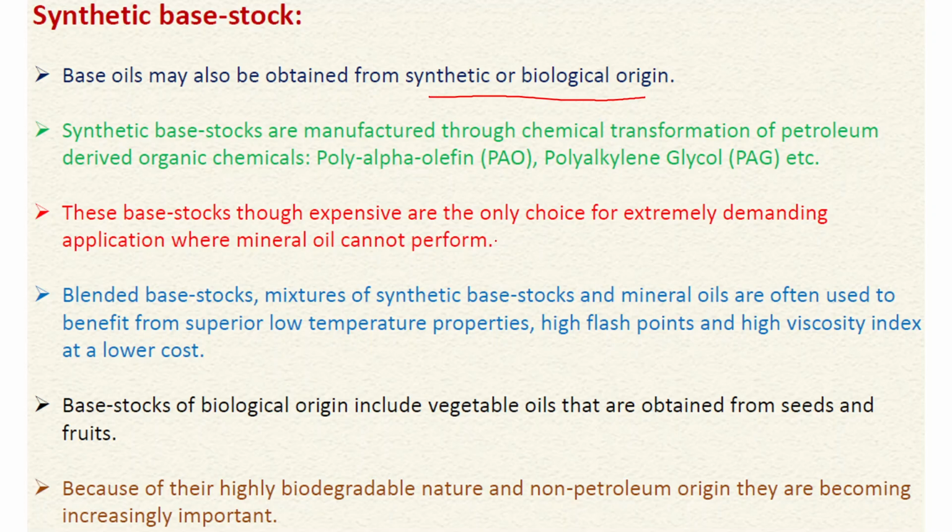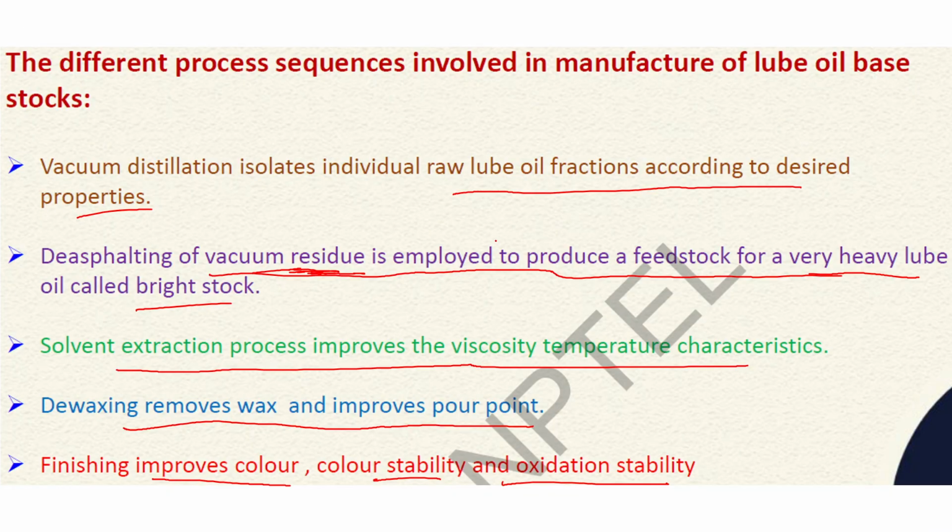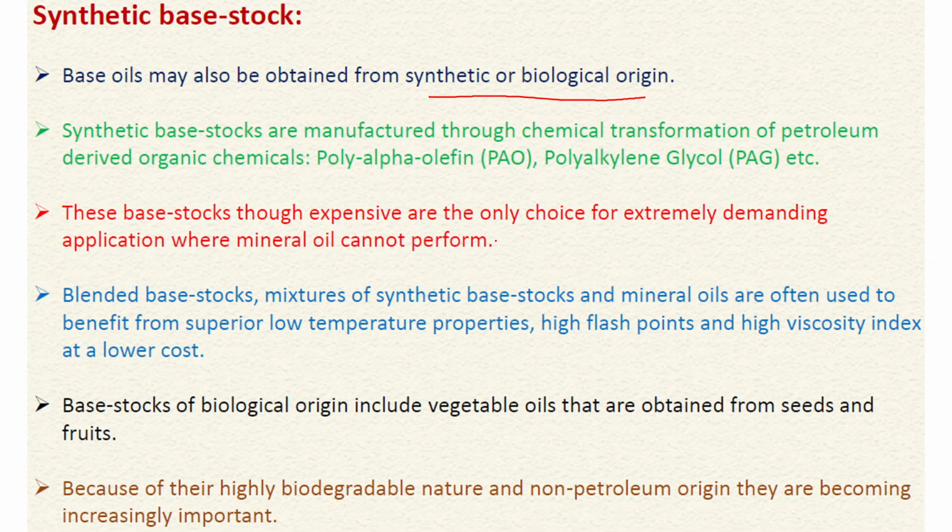So therefore, to meet the demands, nowadays, not only mineral lube oils are used, some kinds of synthetic lube oils are also produced. Moreover, another advantage of synthetic base stock is that they do not impose pollution issues on the environment.